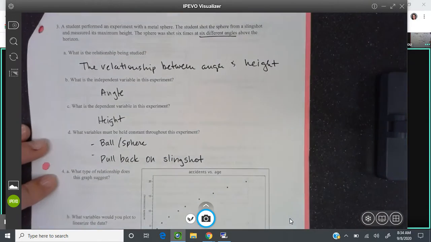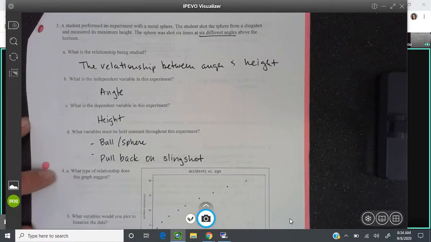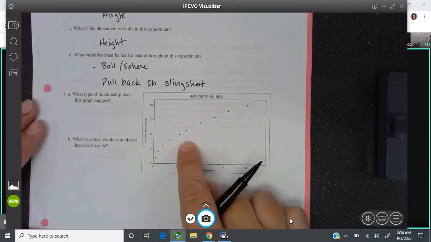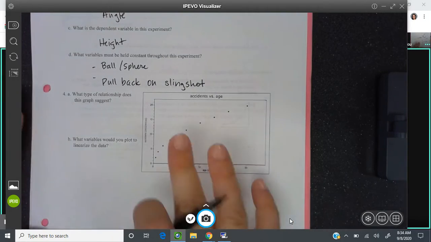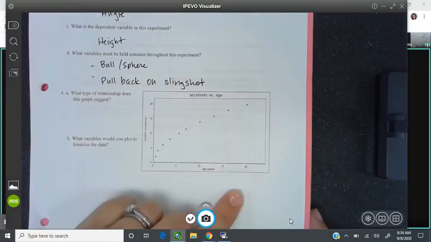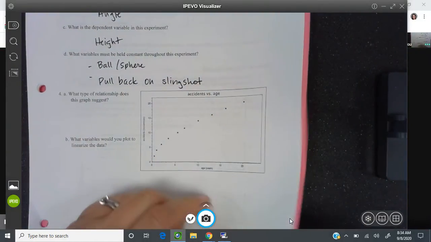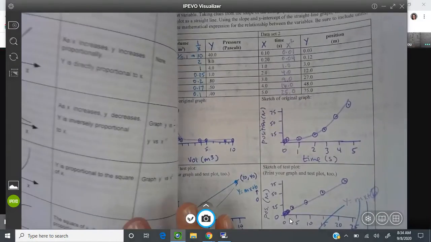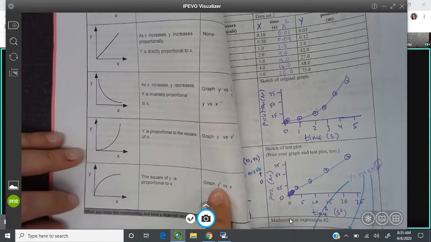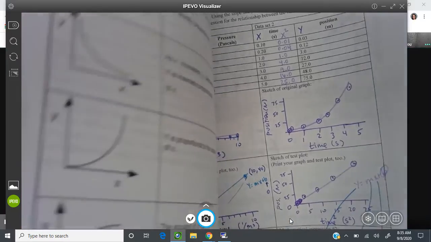All right. Do you guys have any questions about number 3? That's just how to set up an experiment kind of stuff. All right. Number 4, what kind of relationship does this graph suggest? This, again, is just going back to that handout. So you guys see a curve, right? This to me looks like this one down here where we've got a relationship of y squared versus x.